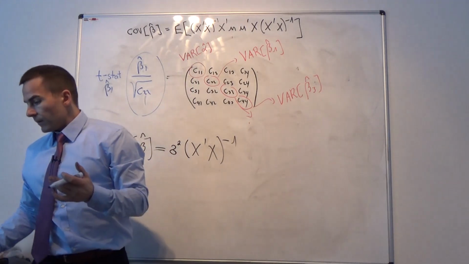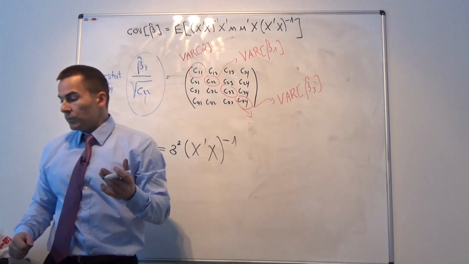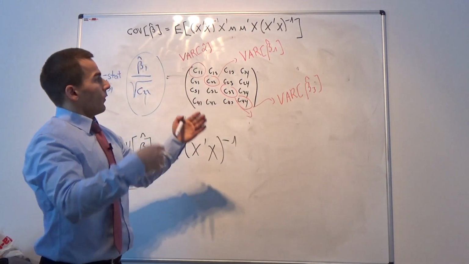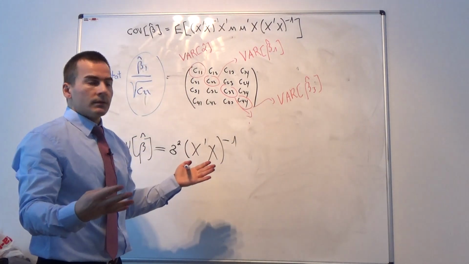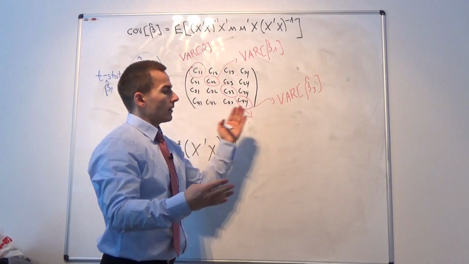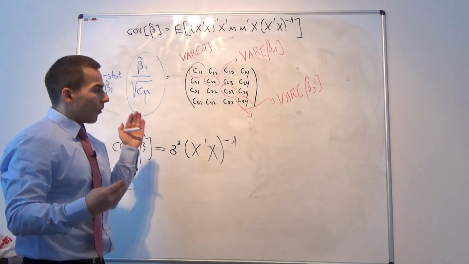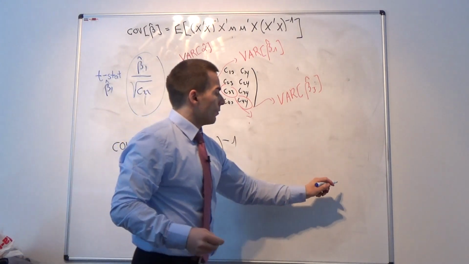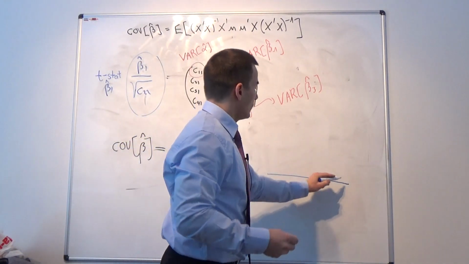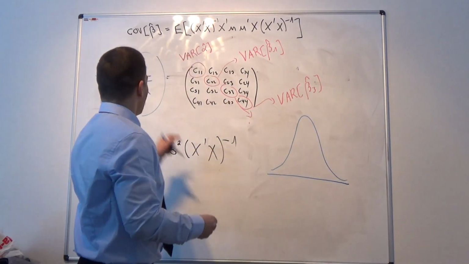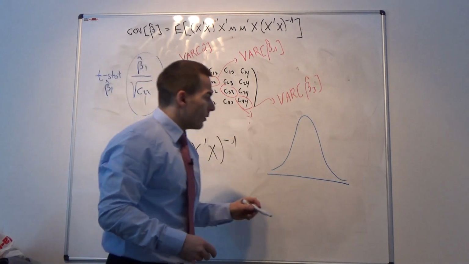Obviously, it is assumed here that the random variables are normally distributed, which in turn means that our point estimators are also normally distributed. So what you would do then is compare the t-statistics with the critical values of the normal distribution.